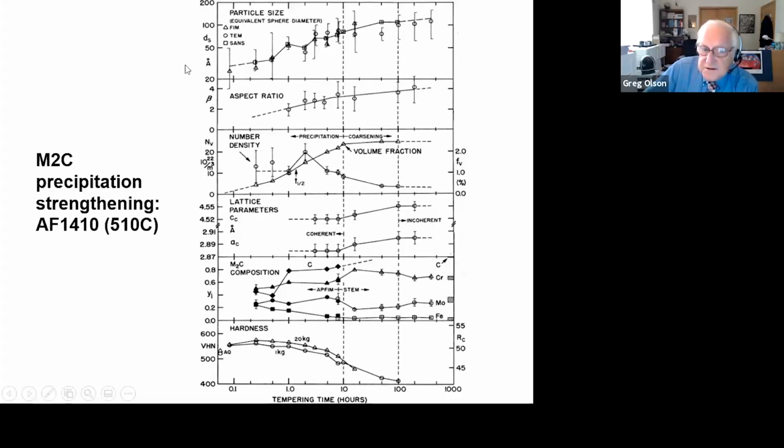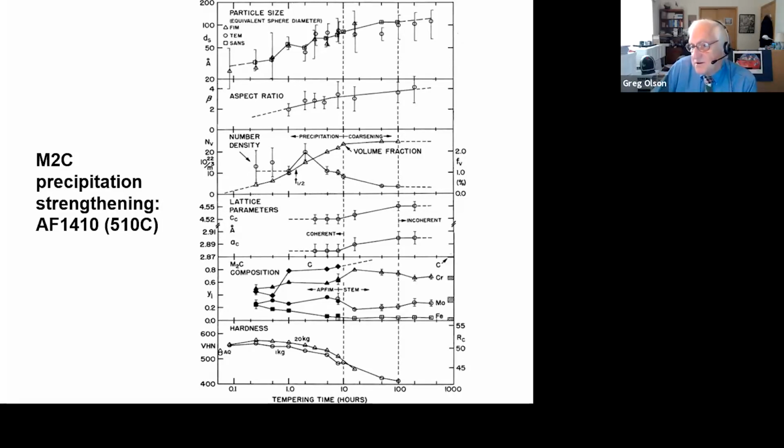The evolution of the size was consistent with the theory of precipitation at high supersaturations. And in that regime, we can treat the initial critical nucleus size as the fundamental scaling factor for particle size that's so important to strengthening. And that, of course, scales inversely with the precipitation driving force. So this is a way we could get a thermodynamic handle on the particle size that governs strengthening efficiency in these systems.